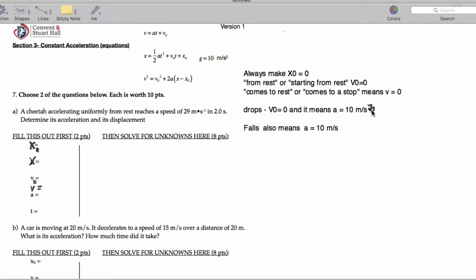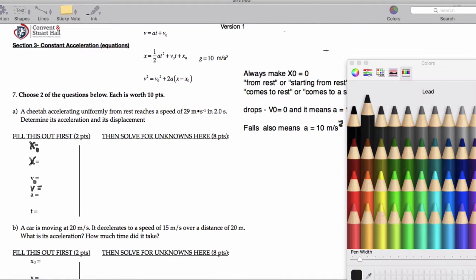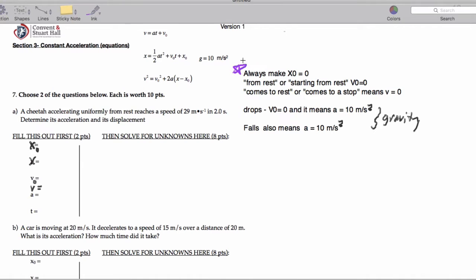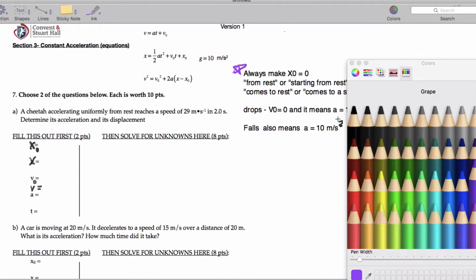Both of these are because of gravity. Okay. So those are good things to know, and those are things we're going to want to have on our index card.